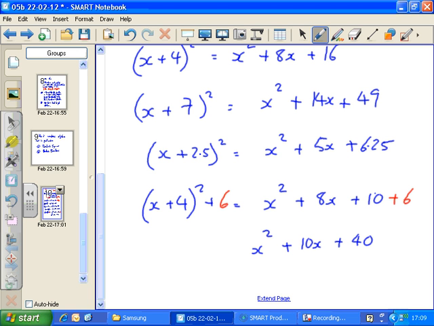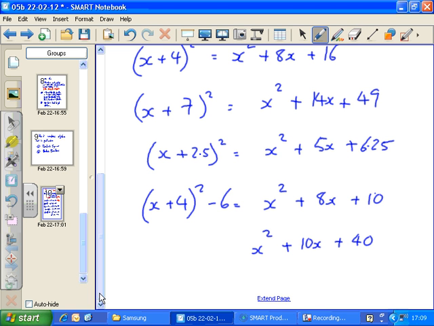Oh, yeah, Harry, I can see your point there. If I do x plus 4 squared, I'm going to get plus 16, so I need to take the 6 off to make it 10. Minus 6 equals x squared plus 8x plus 10. Yeah.